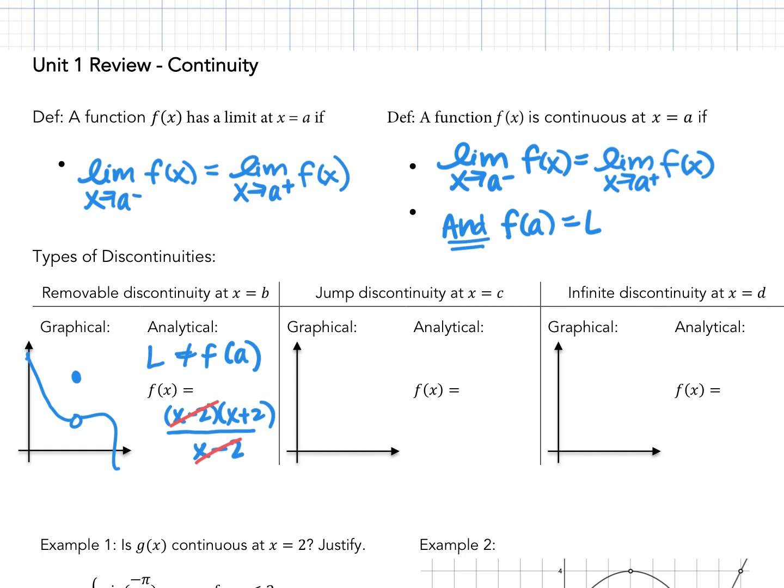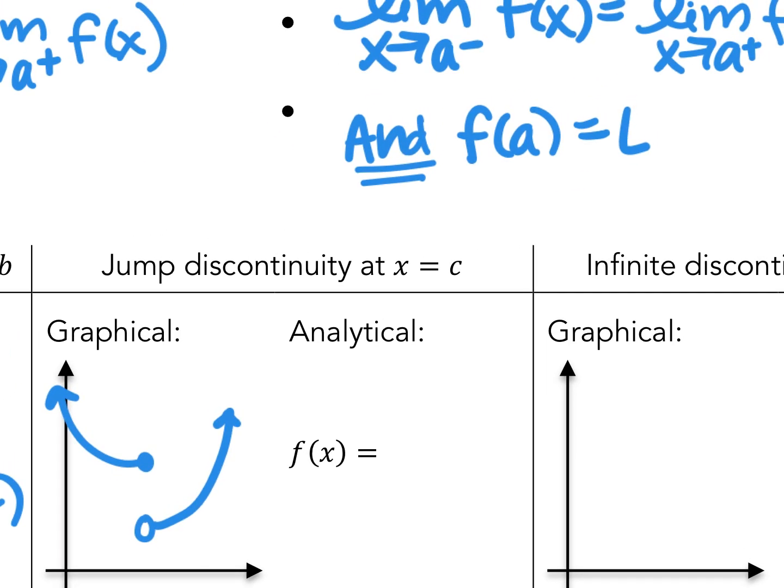All right, a jump discontinuity. A jump discontinuity is when you've got something from the right completely not equal to something from the left. An analytical way to state that would be to say that the limit as x approaches a from the left was not equal to the limit as x approaches a from the right.